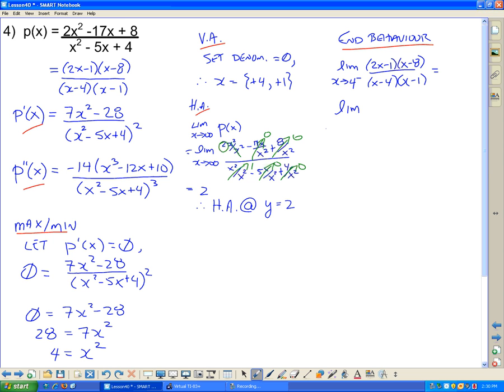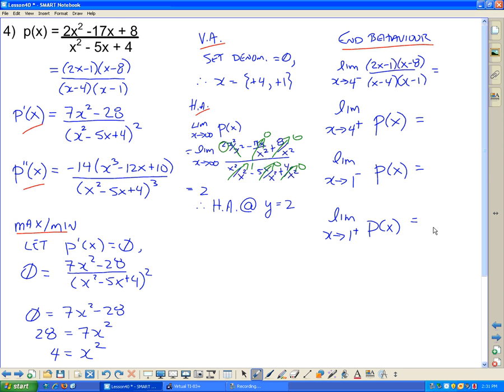We want to do the limit as x approaches 4 from the positive side, same function as above. We also want to do the limit as x approaches 1 from the negative side, again, the function listed above. And the limit as x approaches 1 from the positive side for p of x.